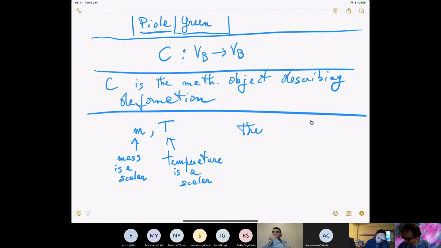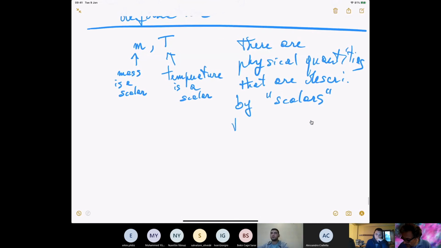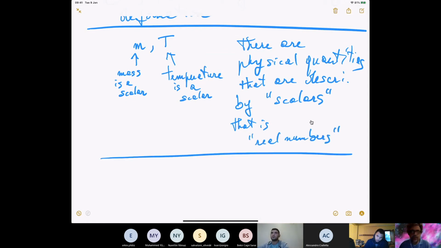So there are physical quantities that are described by scalars, that is, real numbers.